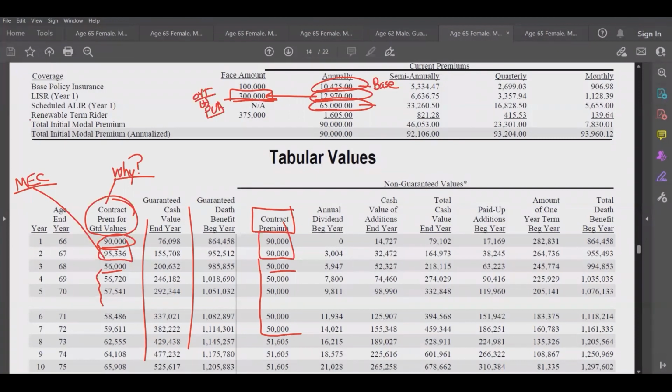And then what's this? Renewable term rider, 1605. What's going on there? So with the 1605, that is the premium for the term rider. And here's how MassMutual works with their RTR, renewable term rider. It is a level premium for the first 10 years based on the non-guaranteed values.